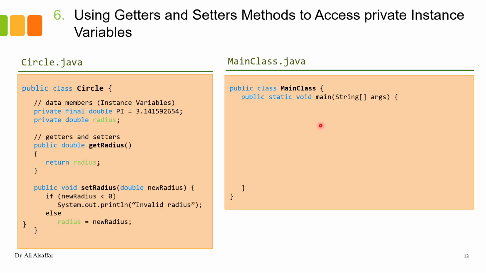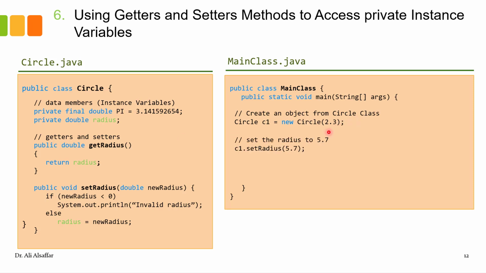This is our main class. First we create an object from Circle, using the constructor, so radius will be equal to 2.3. Next, we would like to change the radius to the value 5.7. Remember that it is not allowed to use dot, so you cannot say c1.radius equals 5.7.